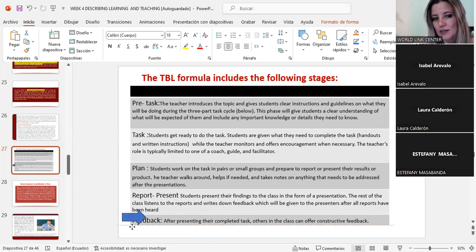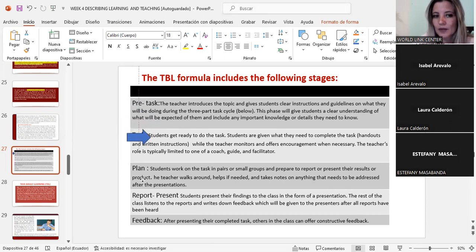You just have to use this, dear Isabel, right? You don't have to use the format that you presented, okay? So it's just simple. If I give you a TBL formula, try to do it and practice like this: pre-task, task, planning, report, presentation, and feedback. That is the template that you have to use. Okay, Isabel, do you understand?